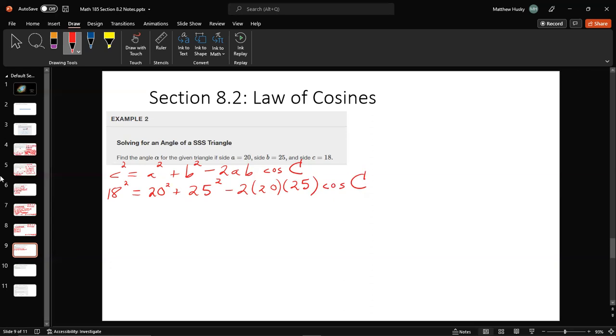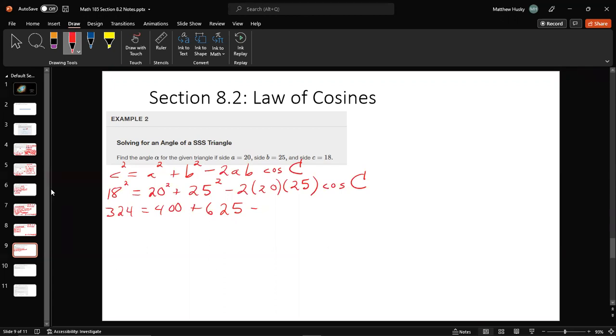Let's see. What is 18 squared? That is 324. Okay. That I happen to know is 400, 20 squared. 25 squared I happen to know is 625. Let's see here. 2 times 25 is 50. 50 times 20.